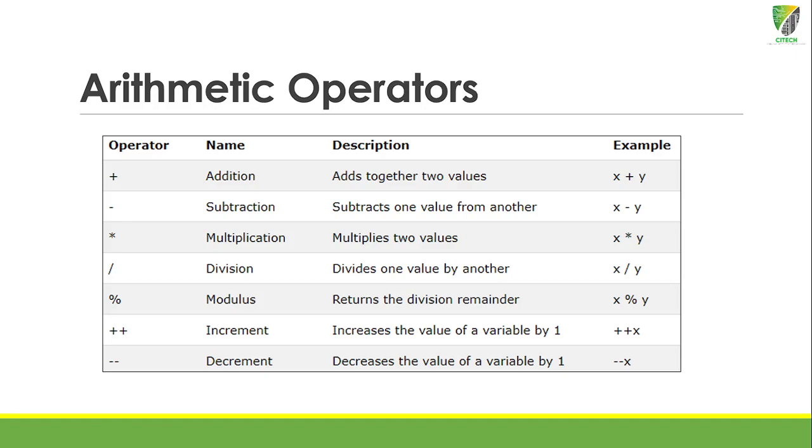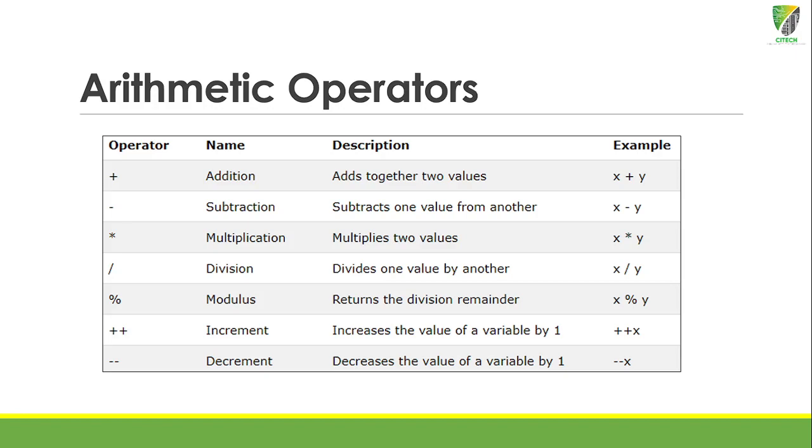For modulus, we will be using the percent sign, for increment the plus plus sign, and for decrement the minus minus sign. We use modulus to get the remainder of a number, increment to add one to a variable, and decrement to decrease one from a variable.